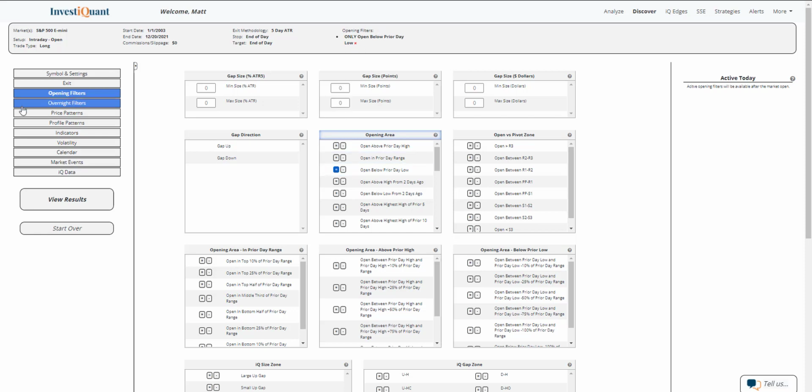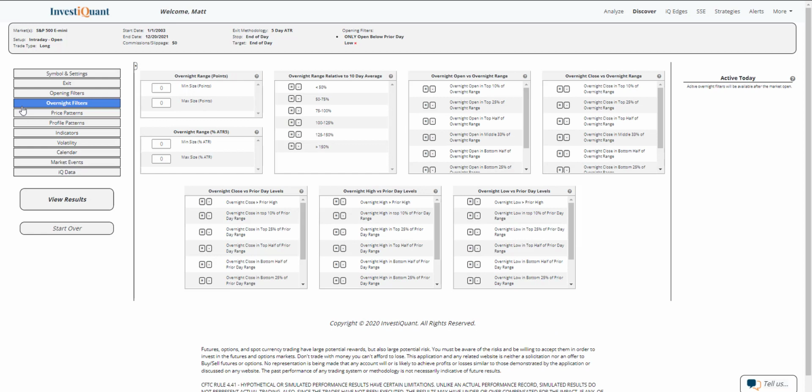The next thing I'm going to do is go to the overnight filters, and this will allow us to look at some of the activity that's taking place here in the overnight session. What I'm going to use from here is a custom overnight range. I'm going to say that the range in the overnight session is at least 100% of the 5-day ATR.